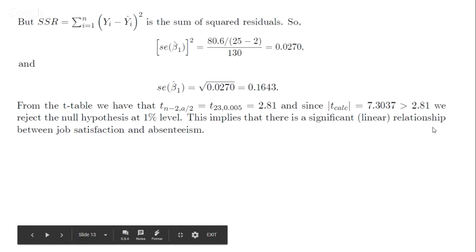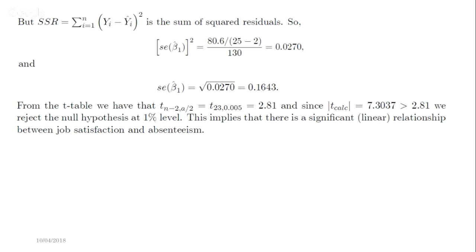Beta 1 hat is 1.2 divided by the standard error of beta 1 hat, and we get 7.3. 7.3 is clearly larger than 2.81. Therefore, we reject our hypothesis and conclude that there is a significant linear relationship between job satisfaction and absenteeism.